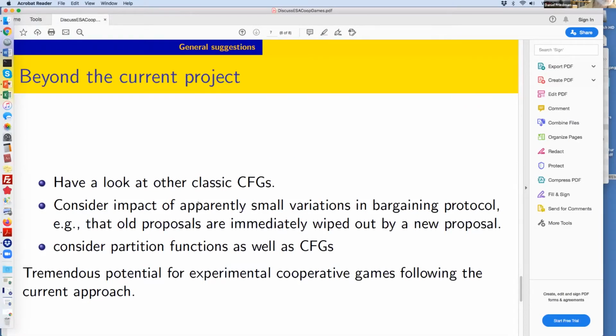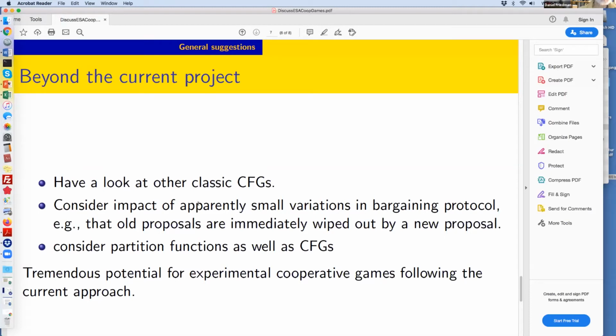Okay, beyond that, just one more slide here. Beyond the current project, I think this basic setup will be able to look at other classic games represented as characteristic functions. As long as they're not too large, I think you can use this kind of setup to investigate them. So there's a lot of potential for a lot of different sorts of games.